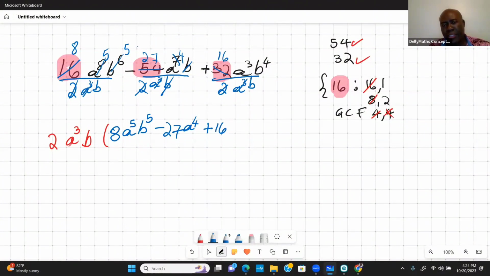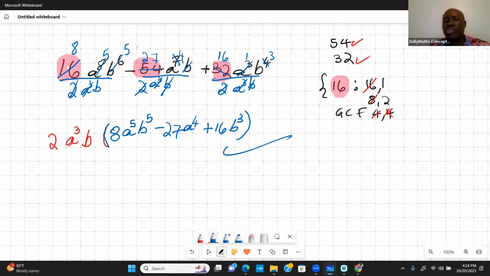And then A to the third would have canceled A to the third fully right there. So that's 1. So there's no A here. B into B to the fourth is B to the third. We're left with B to the third. And at this moment, we're done. Here it is. We have just factorized by using the greatest common factor.